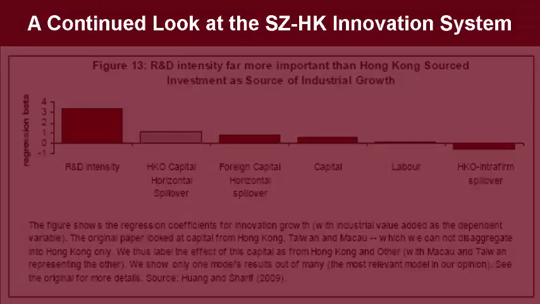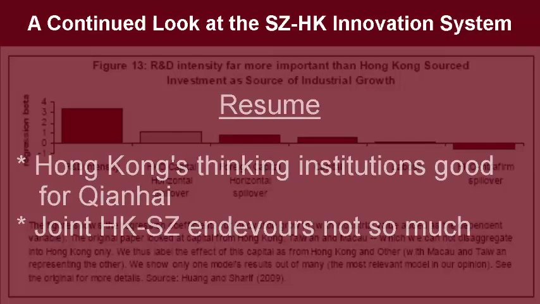Thus, the picture emerging from these studies appears to be that Hong Kong's universities and thinking institutions tend to produce marketable, profitable innovations in Shenzhen, but cooperating with Hong Kong's own innovative companies does not.